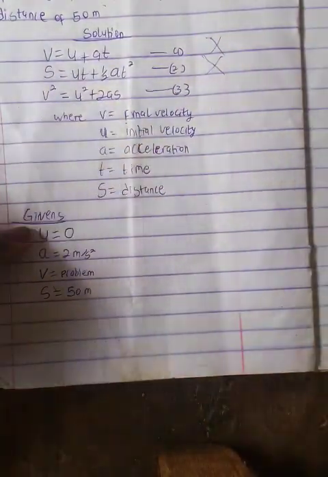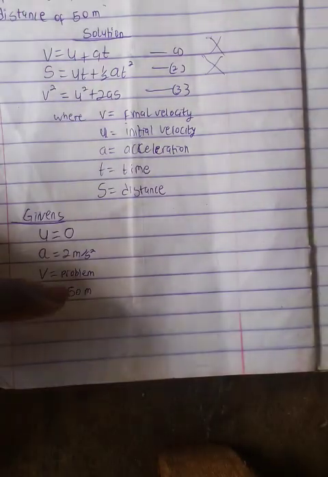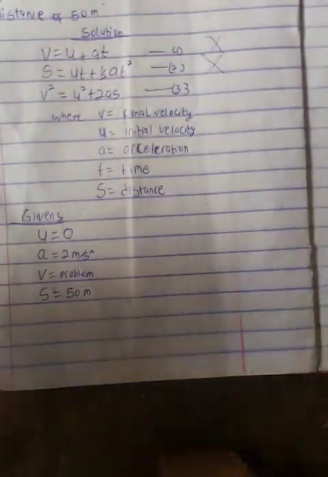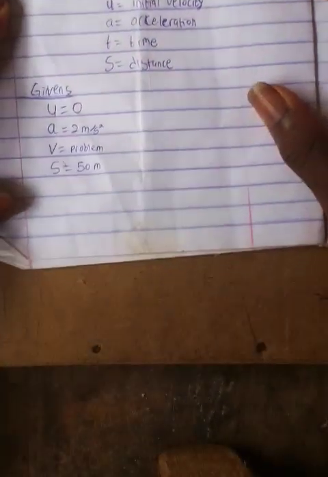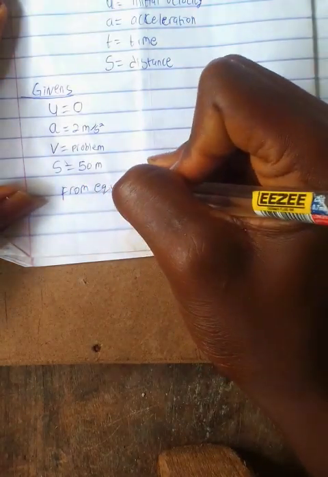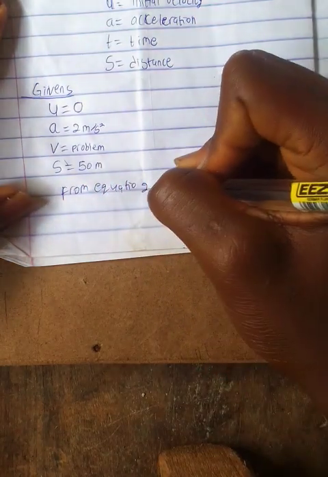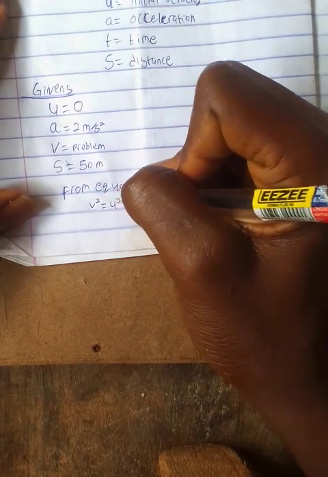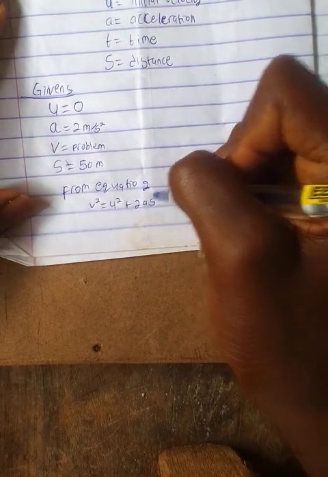What about equation 3? U is there, 2 is just a constant, s, a, v. You see, equation 3 works best. So you write, from equation 3, v squared equals u squared plus 2as.